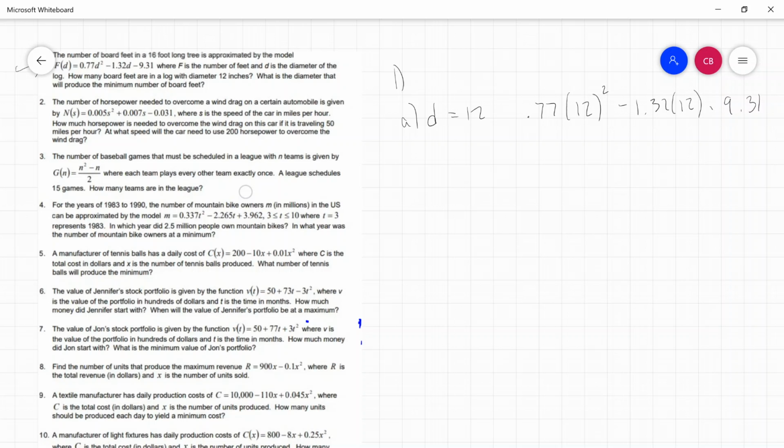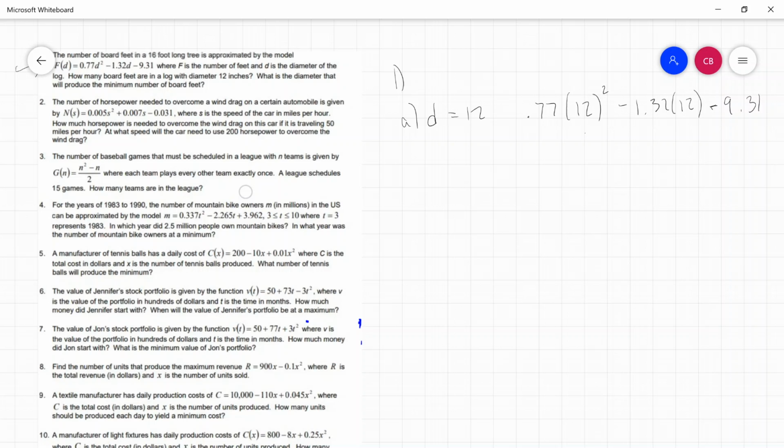And that's going to be 144 times 0.77 minus 1.32 times 12 minus 9.31. Sorry, this was a minus.